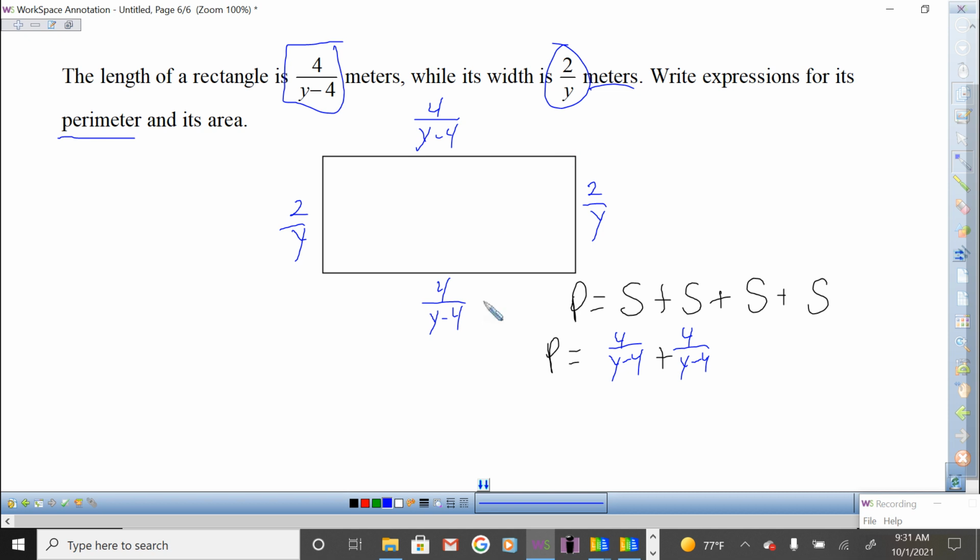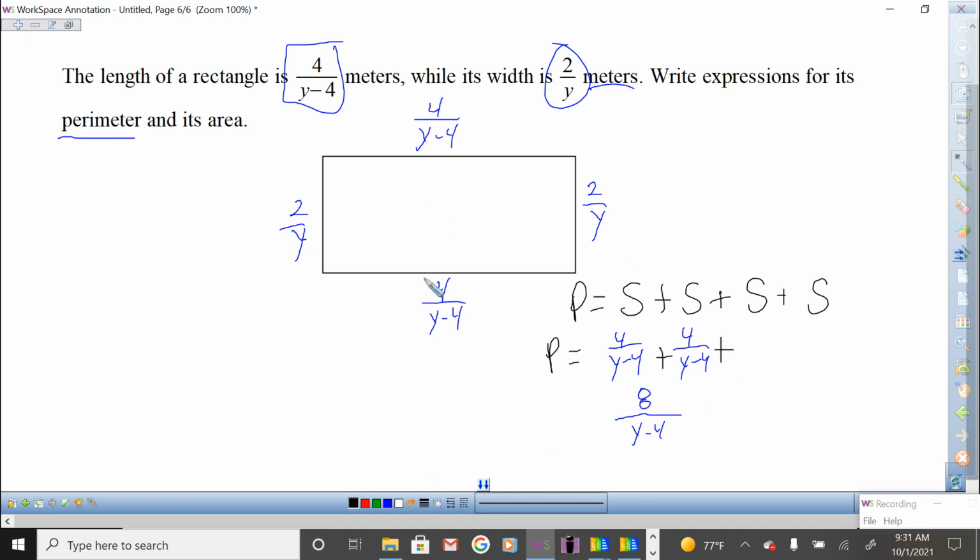You guys see that? I did this and that. Since they are common denominator, tell your neighbor what is the sum of these two fractions. Yeah, 8 over y minus 4. That is correct. You guys see it? Same denominator. 4 plus 4 is 8.